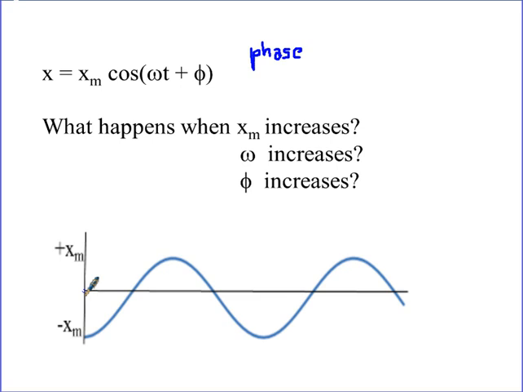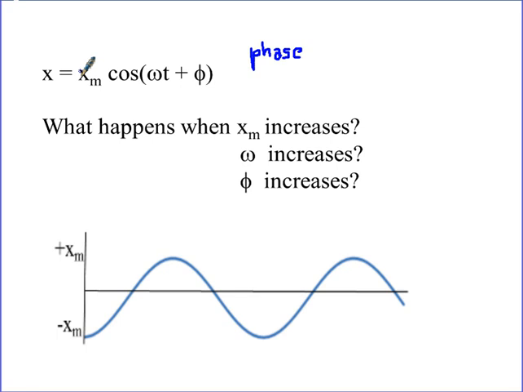So if we put in a 0 here, we're getting a negative max, so we're taking the cosine of negative 90 degrees, or negative pi halves, I think, and so this phase constant for this particular motion here would be negative 90, or negative pi halves. That's just a sense of what's going on with this equation.